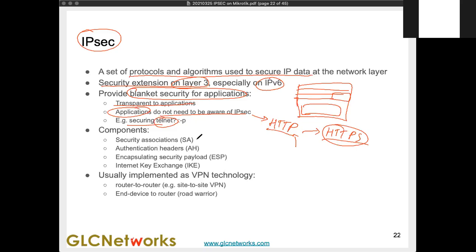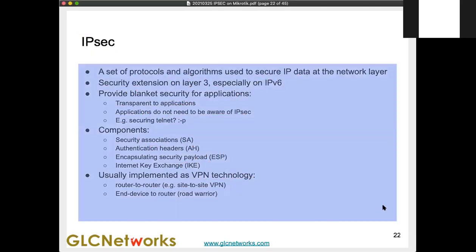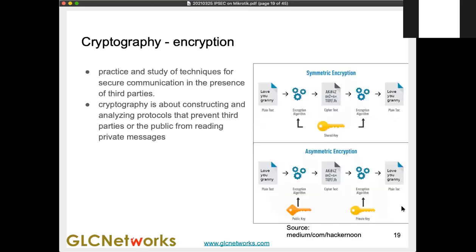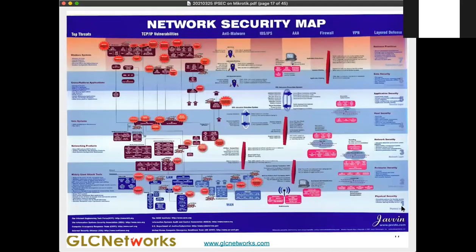IPsec components include security associations or policy, authentication headers, ESP, and IKE. Usually IPsec is implemented as a VPN technology, either router to router or end device to router.